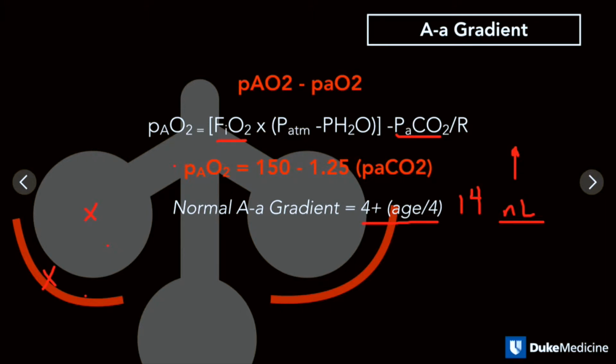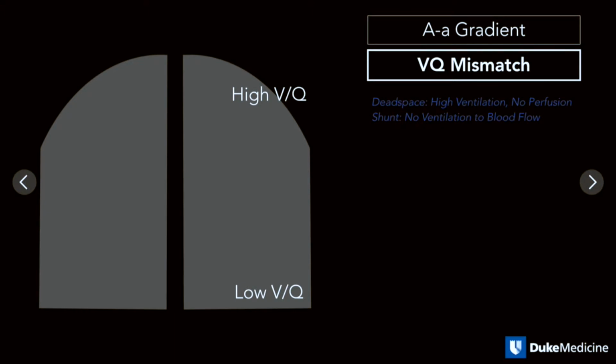And those things are issues where there isn't a problem with this unit, but rather an issue with ventilation, like hypoventilation. So the AA gradient helps you differentiate factors that are problems with the alveolar capillary unit from those that aren't and are more problems with ventilation.